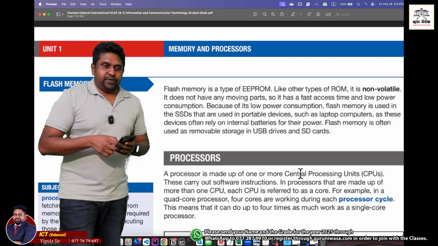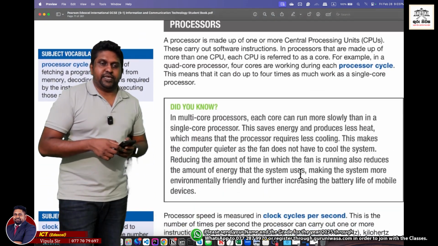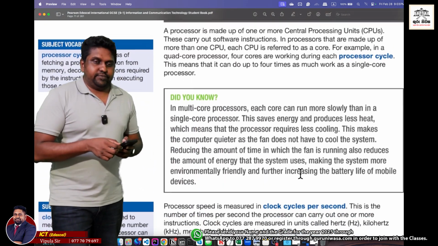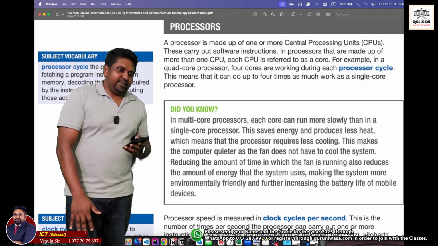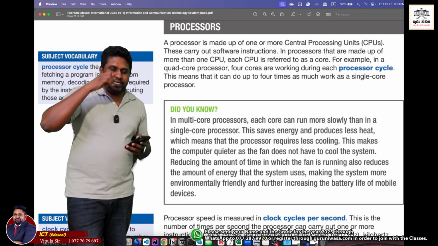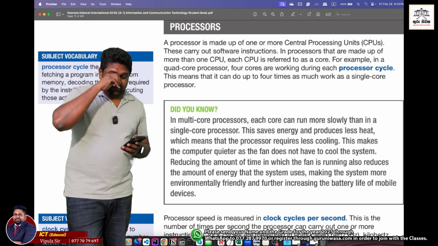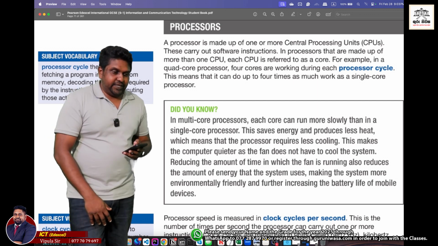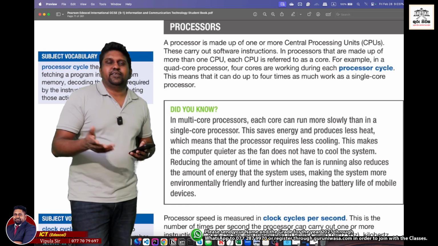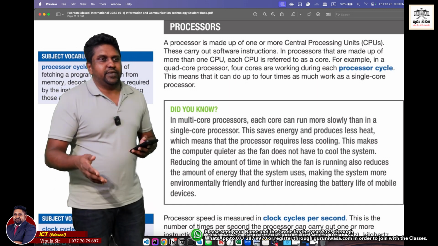These CPUs run multiple cycles, and somewhere in 2006, 2008, that's when we actually got the next step.